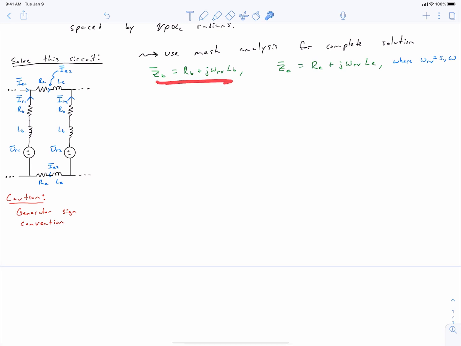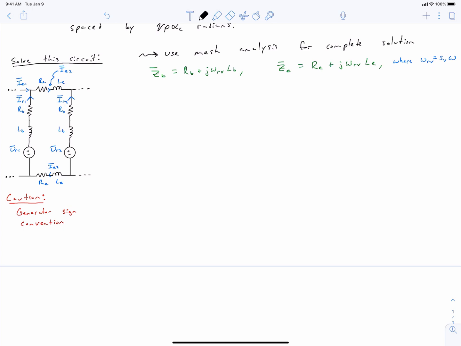Our bar impedance consists of the rotor resistance plus j omega times our bar leakage inductance. And the omega is our rotor frequency, which is equal to our slip times our stator synchronous frequency. This was, again, a result from our previous video. And then we do a similar thing for the end ring. It's the end ring resistance plus j omega times our end ring leakage inductance.